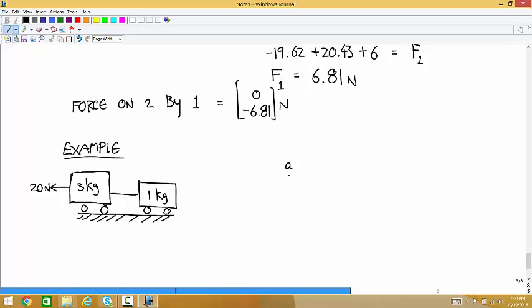And so first, we want to calculate the acceleration vector. And second, we want to calculate the cable tension.